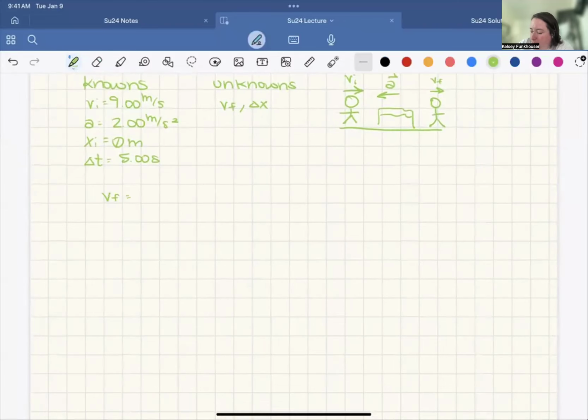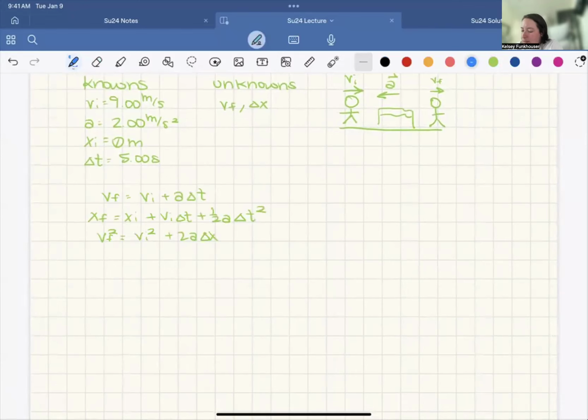Okay. Now, let's do our equations. So final velocity equals initial velocity plus acceleration times the time interval. Final position equals initial position plus initial velocity times the time interval plus 1/2 acceleration times time interval squared, and v final squared equals v initial squared plus 2 acceleration times displacement.